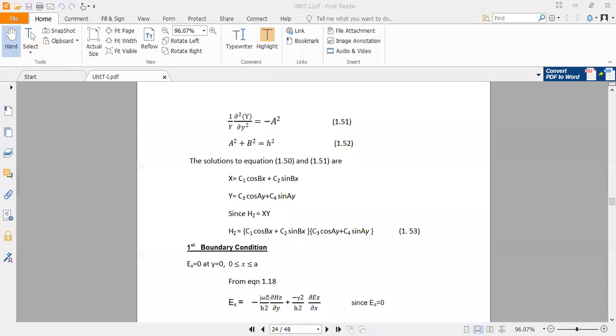The dielectric may not be a perfect dielectric. The conducting walls may not be a perfect conductor. Because of the conductor and dielectric material used in the waveguide, we will definitely get some losses even in a waveguide. But these losses are less compared to other transmission lines.